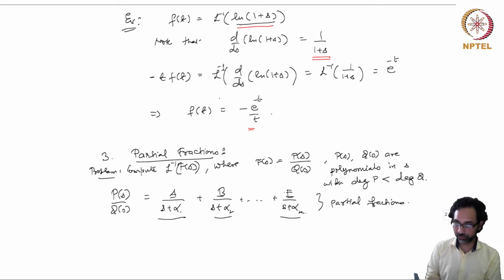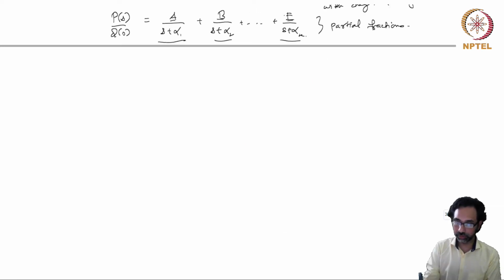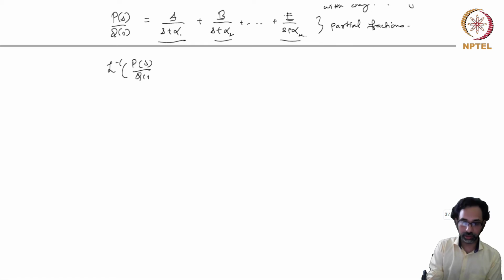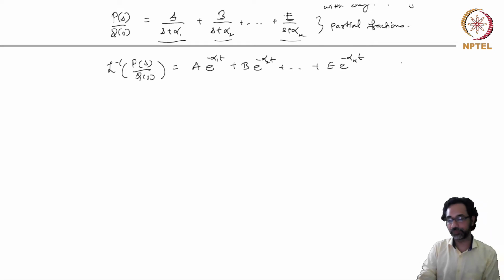So now that we have reduced the form of P(s) over Q(s) in this form, then we can apply the linearity property of the inverse Laplace transform. So the inverse Laplace transform of P(s) over Q(s) is then A times e to the power minus alpha 1 t plus B times e to the power minus alpha 2 t and so on, plus E times e to the power minus alpha k t.